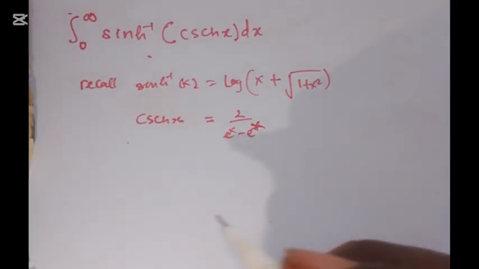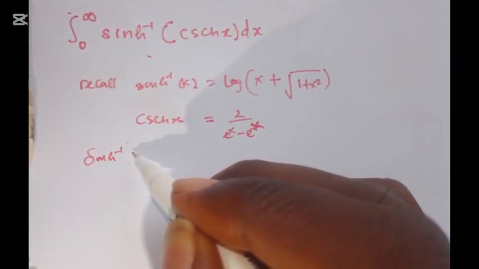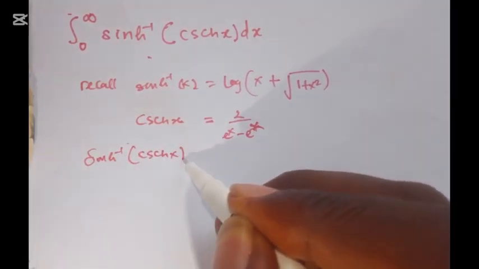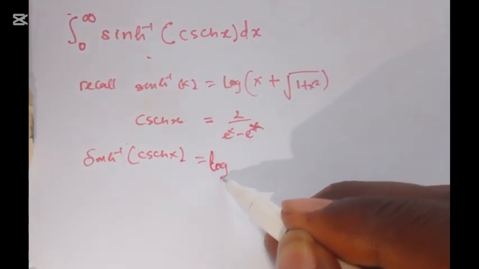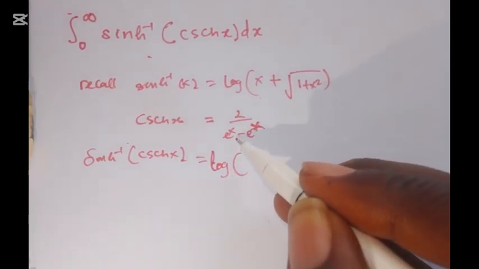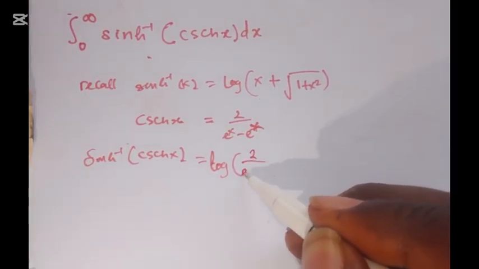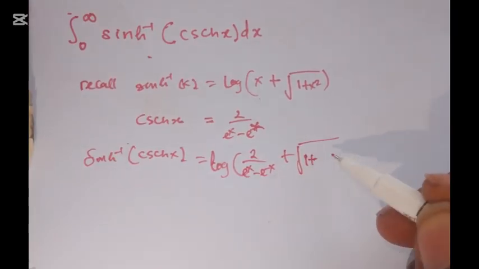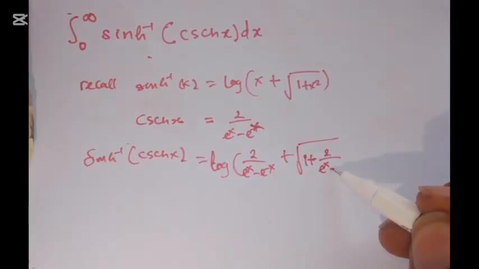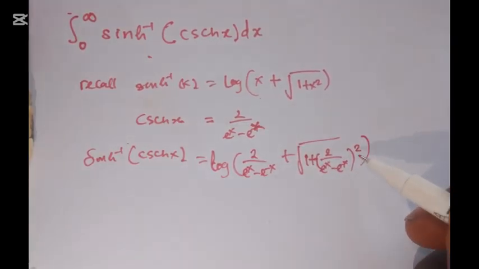Simplifying this, we have arcsinh of cosec of x, which is equal to log, where instead of x we have 2 over exponential x minus exponential negative x, plus the square root of 1 plus, with x being 2 over exponential x minus exponential negative x, then everything to the second power. Now this is beautiful and cool.